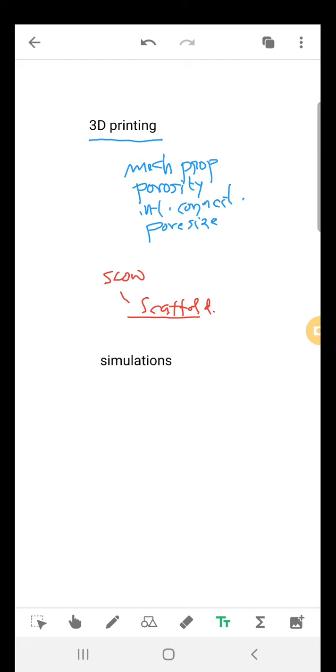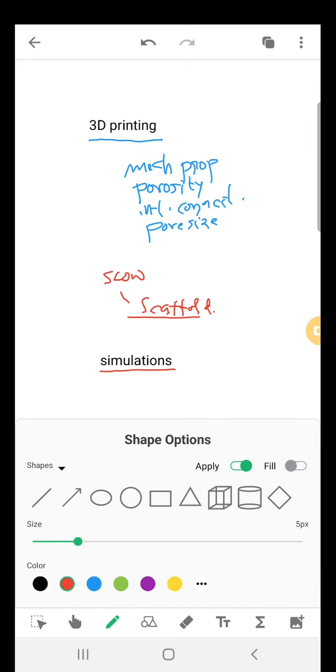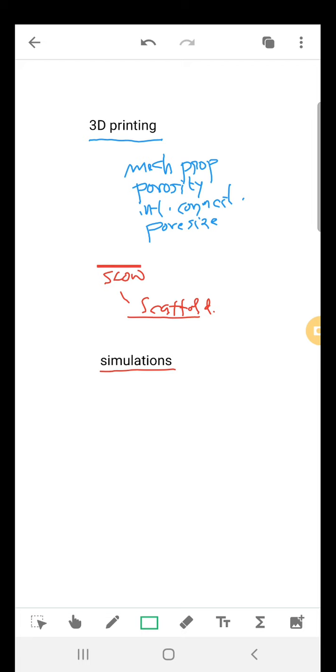So it is an alternative tool for predicting the mechanical properties with different design parameters. So this slowness is the main reason for not using the experimental part of it.